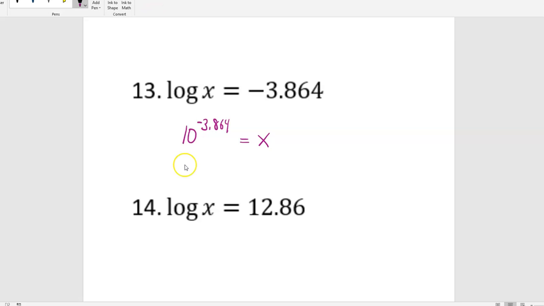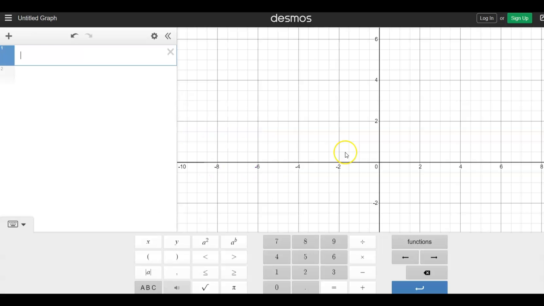So I'm going to do that. Now I am using a TI and I get 1.367, but you'll notice over on the end it says E-4. So that means scientific notation times 10 to the negative 4th power. Okay, let's see what happens in Desmos.